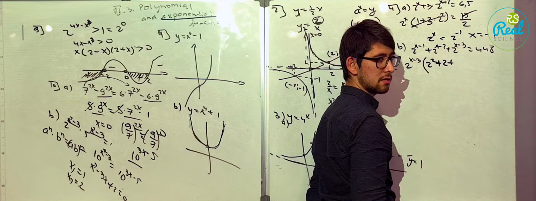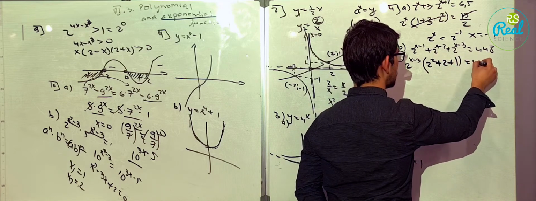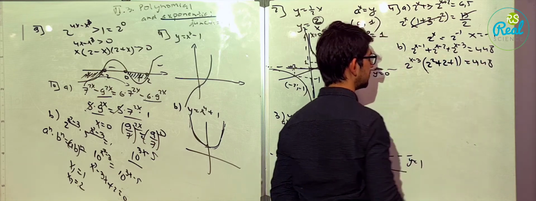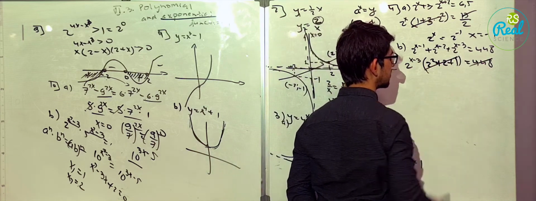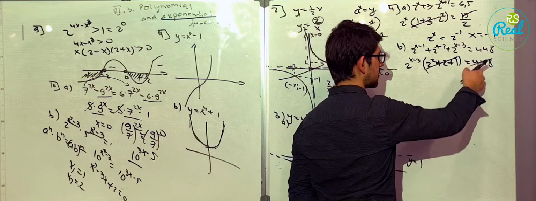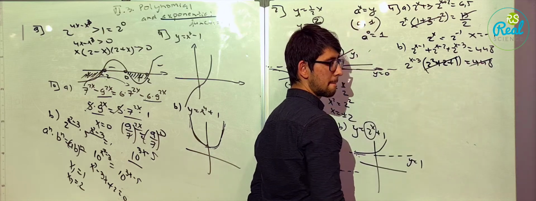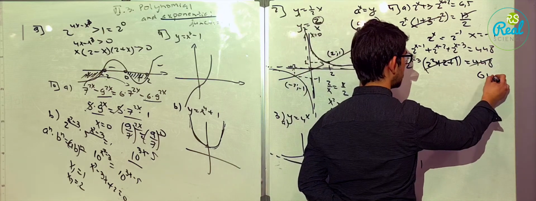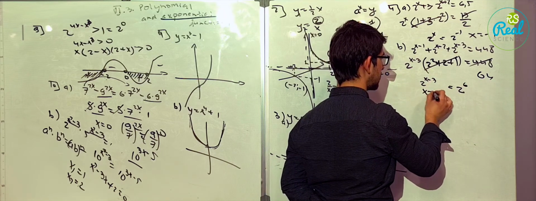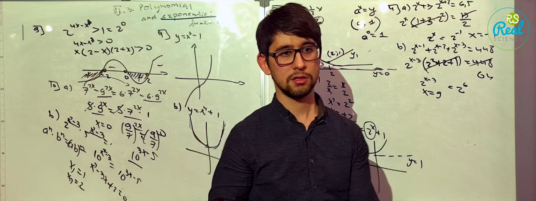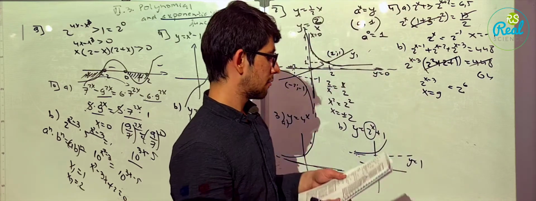From the third one, Malika? 1. 448. What is the sum? 7. And there happens cancellation with this one. What is the result if you divide it by 7? 64, right? So 64 is 2 to the power of 6 equals 2 to the power of x minus 3, and your x equals 9. Right? 6 plus 3 is equal to 9.